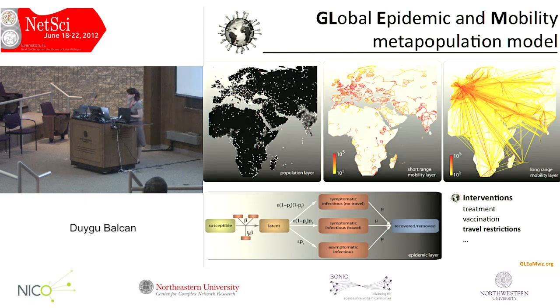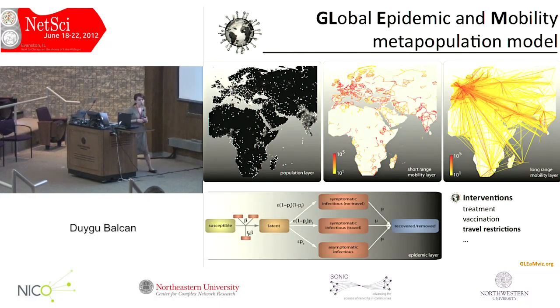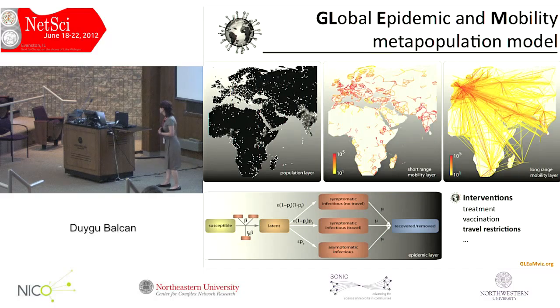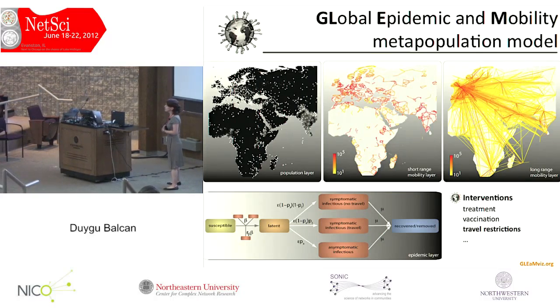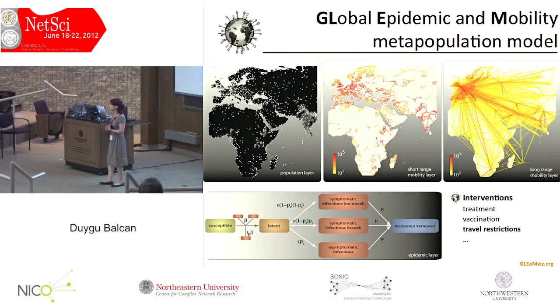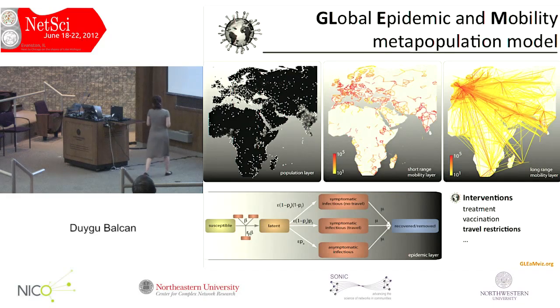In the second layer of the model, we have two types of mobility networks. The first one is given by short-range movements of individuals corresponding to commuting fluxes, for which we have real data for more than 30 countries that we use to produce synthetic networks for the countries where we do not have data.